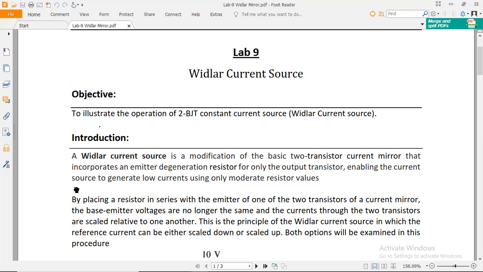A current mirror circuit is a kind of circuit in which the source current is exactly equal to the load current but with opposite sign, having a current gain of -1.